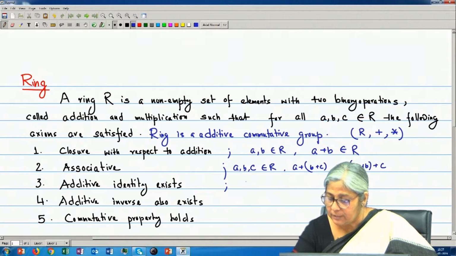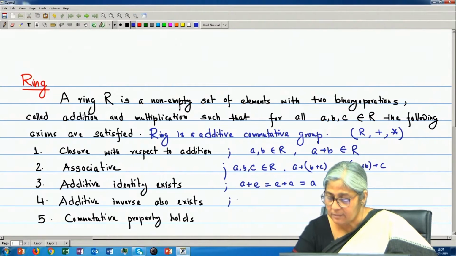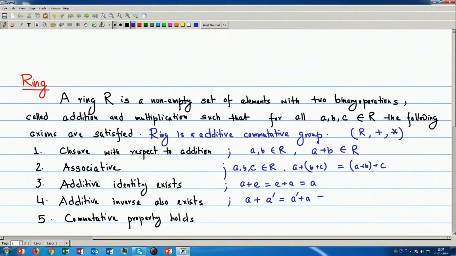If E is the additive identity, then A plus E is E plus A, equal to A only. The additive inverse exists. If A dash is the inverse of A, then A dash plus A equals the identity.